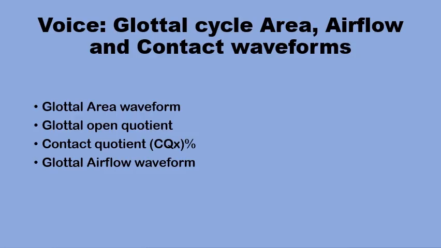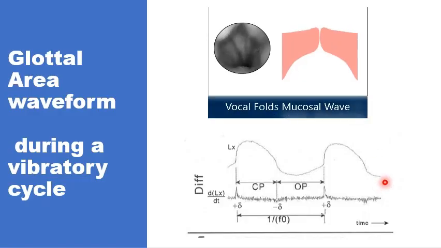This presentation would cover things like the glottal area waveform, the glottal open quotient, the contact quotient percentage, and the glottal airflow waveforms. This upper trace shows a typical glottal area waveform during phonation as obtained from an electrolaryngogram.